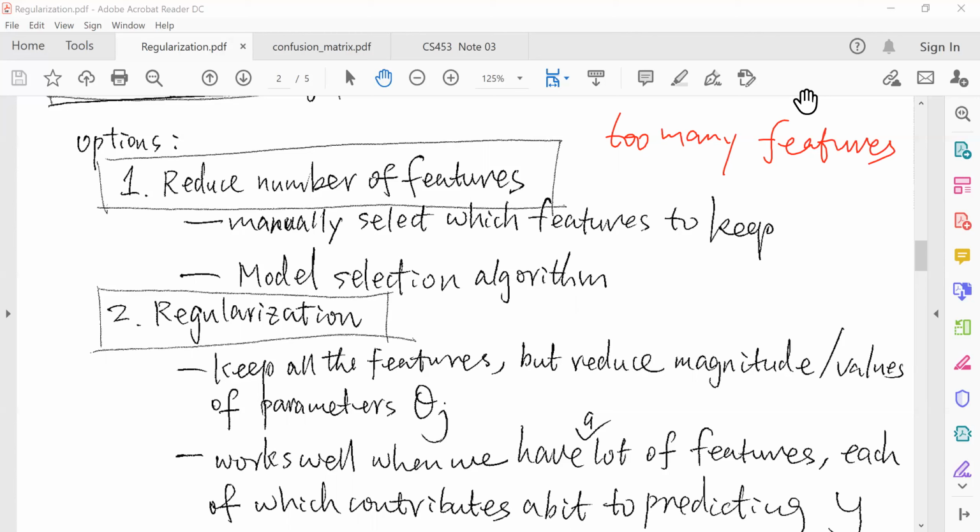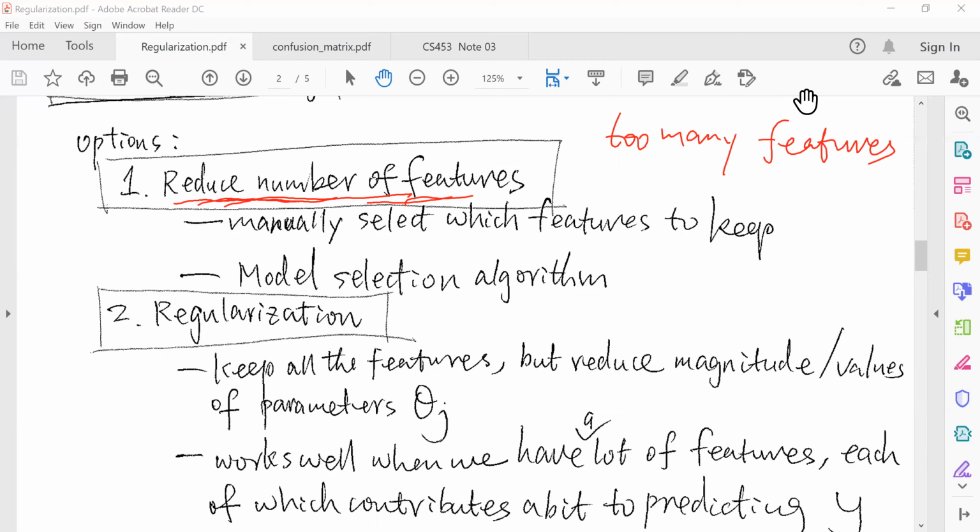It's unnecessary. So one technique is to reduce the number of features. It doesn't mean that in machine learning, the more features the better. So in overfitting, one strategy is to reduce the number of features.